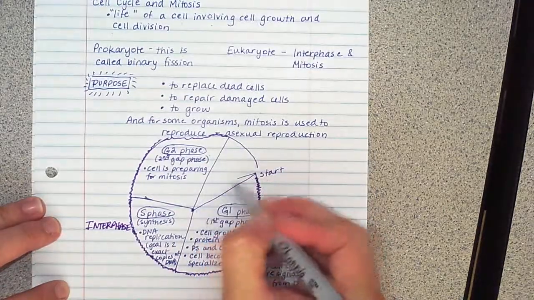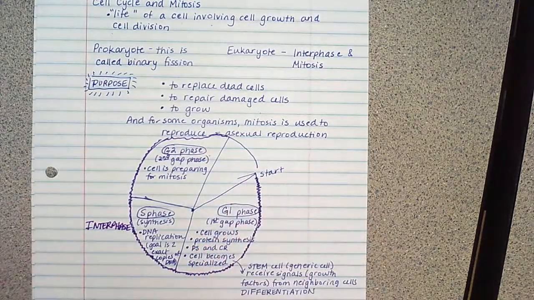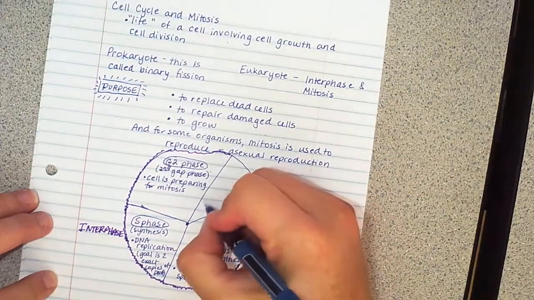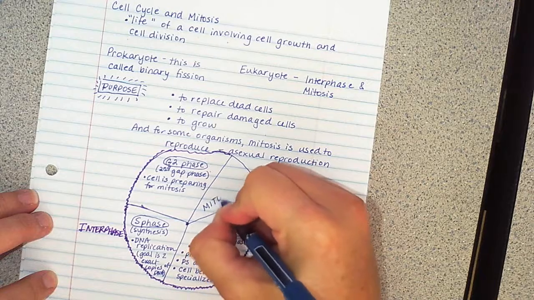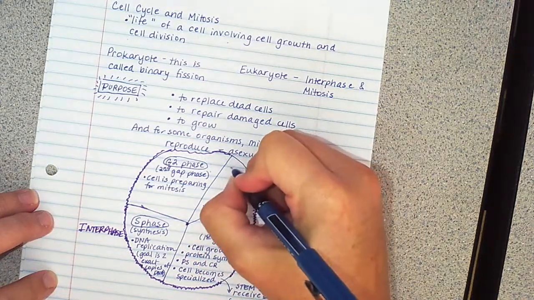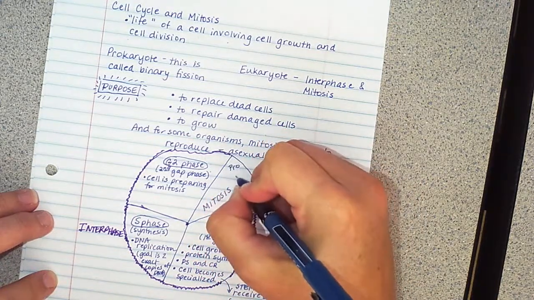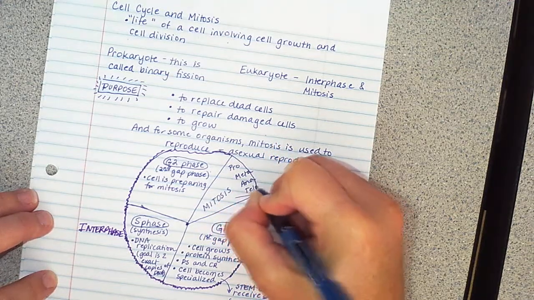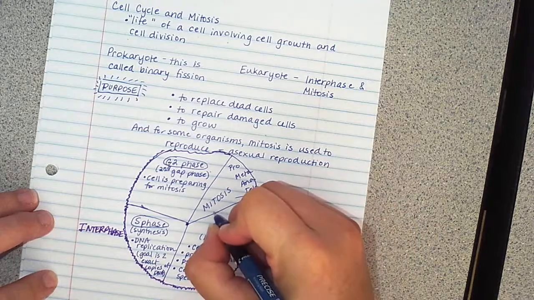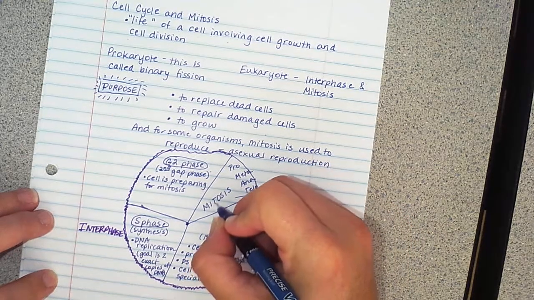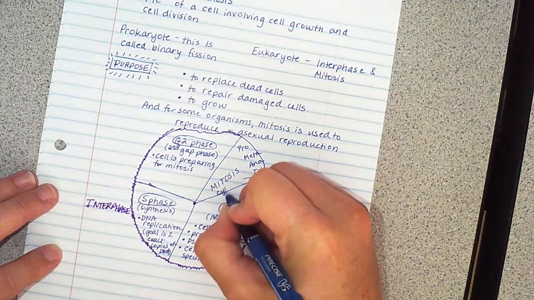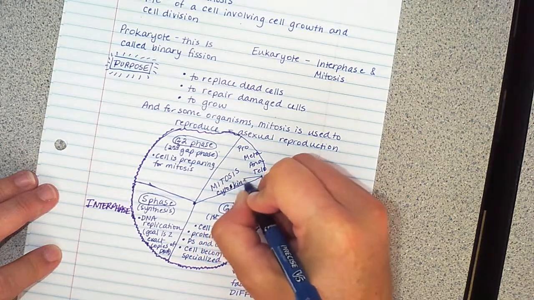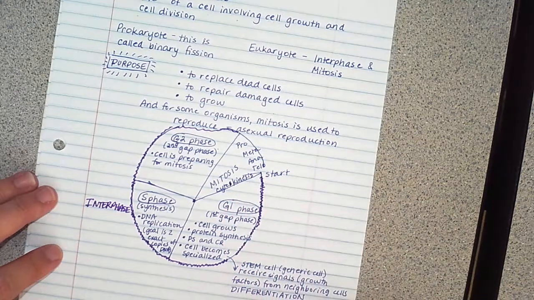Now this small pie slice over here is when we get to mitosis. And I know you guys have learned about mitosis in your earlier science classes, but you know that this is prophase, metaphase, anaphase, telophase, and then at the very, very end, technically not a part of mitosis, there's a little tiny step called cytokinesis.